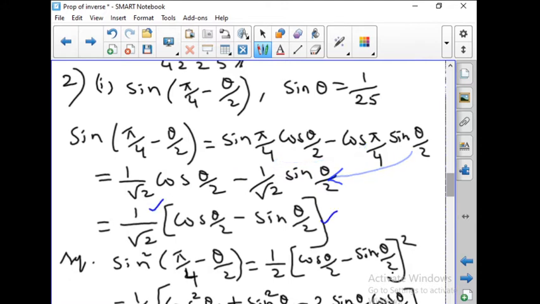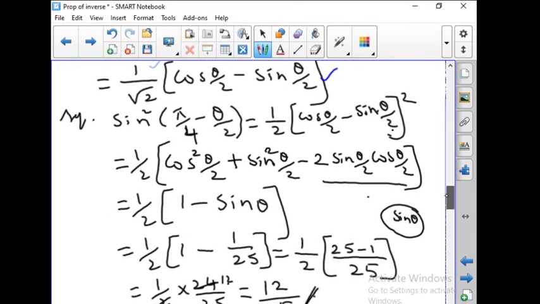Now square both the sides. Squaring both the sides, we get sin square of pi by 4 minus theta by 2 is equal to 1 by 2 into cos theta by 2 minus sin theta by 2 the whole square. Now use the identity for a minus b the whole square.